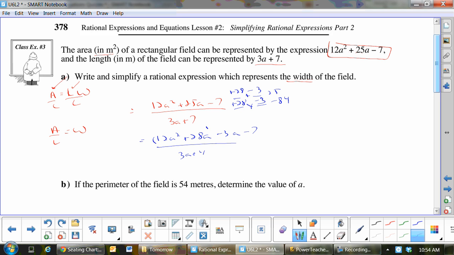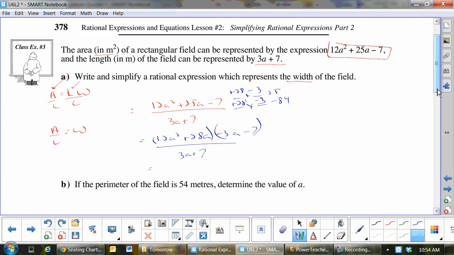Now, out of this set, I can take out a, what did I do wrong? Oh, I get it. I'm looking up top going, where's my positive 7? I have a negative 7 there.